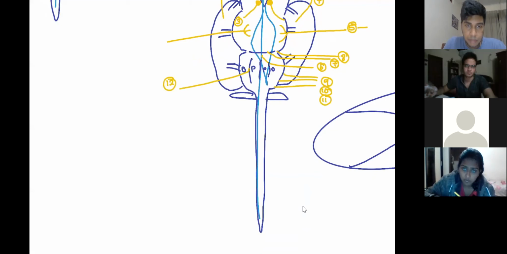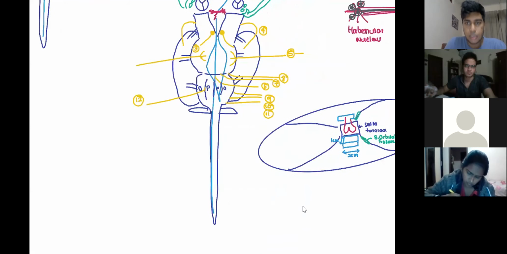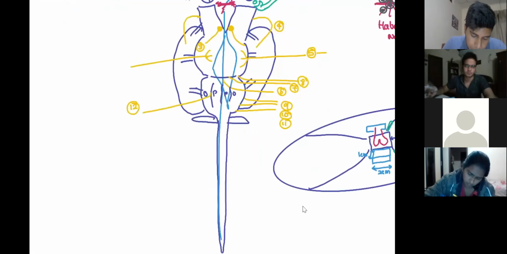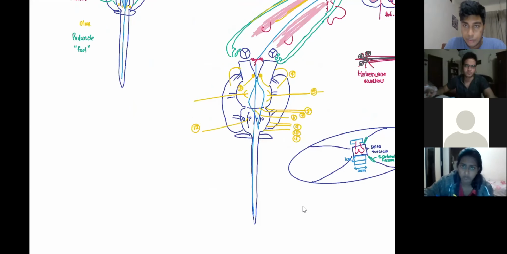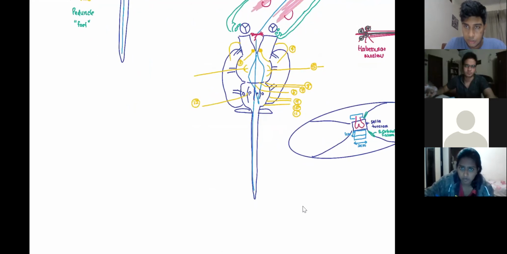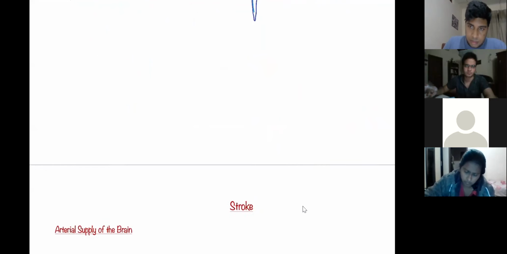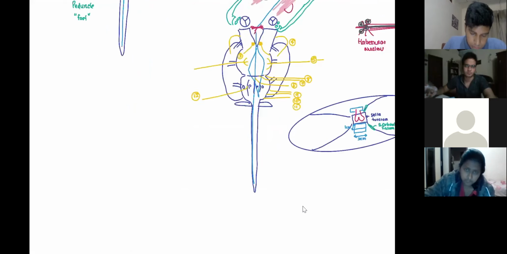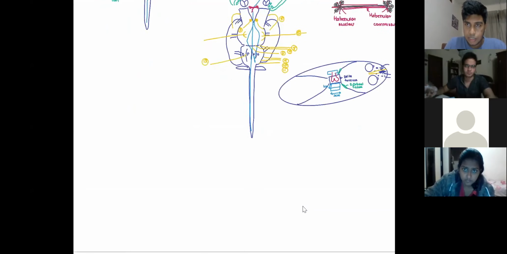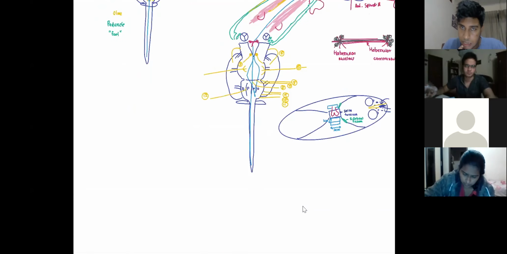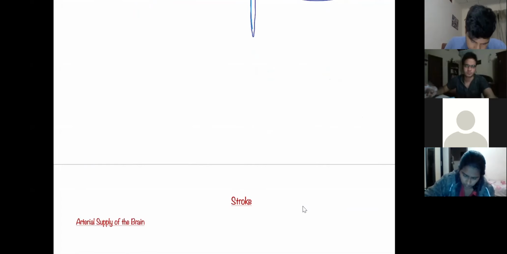Remember you have to draw it on both sides, but for the sake of not messing up the whole diagram, I just leave it on one side for some nerves. We didn't do the lesson on cranial nerves. That will be next or the one after that.